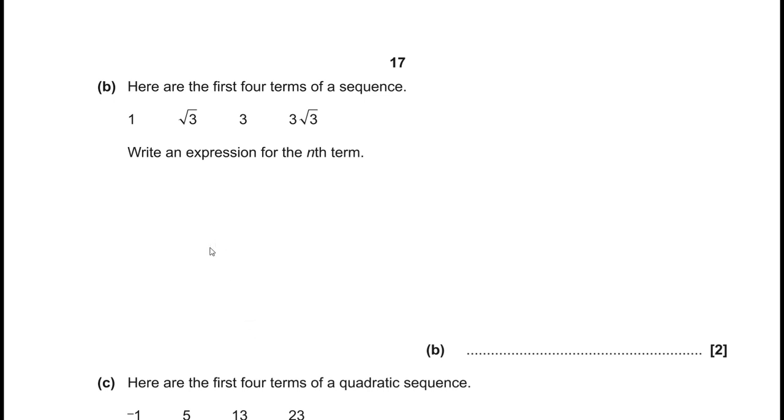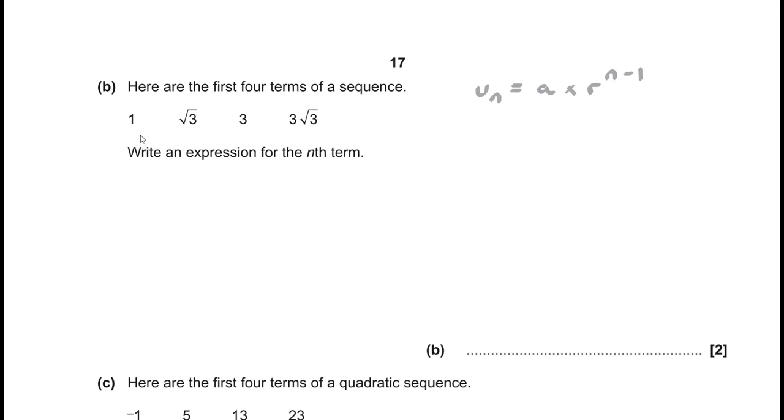Part B. Here are the first four terms of a sequence. We've got 1, root 3, 3 and 3 root 3. We have to find an expression for the nth term. Well, the nth term, un, that's equal to our first term a multiplied by the common ratio r to the power of n minus 1. We need to find the common ratio.